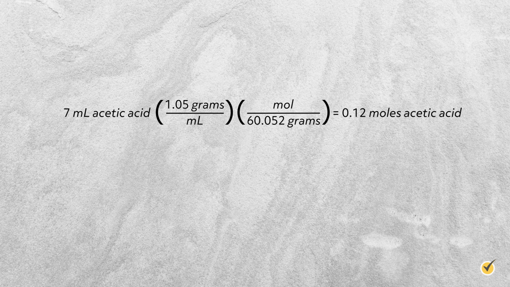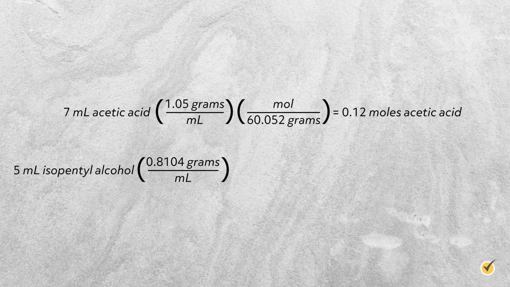Here's the conversion for isopentyl alcohol. We have 5 milliliters of isopentyl alcohol, and we're going to multiply this by the conversion factor of grams per milliliter of isopentyl alcohol, or 0.8104 grams per milliliter.